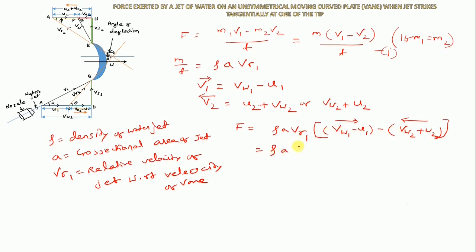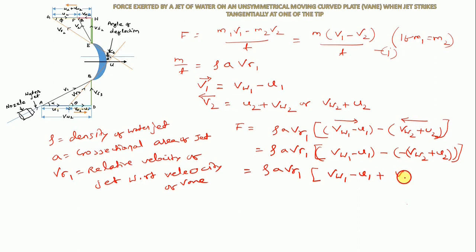So rho a Vr1 into Vw1 minus u1 minus Vw2 plus u2, okay, is equal to rho a Vr1 into Vw1 minus u1 plus Vw2 plus u2, okay, is equal to rho a Vr1 into Vw1 plus Vw2.